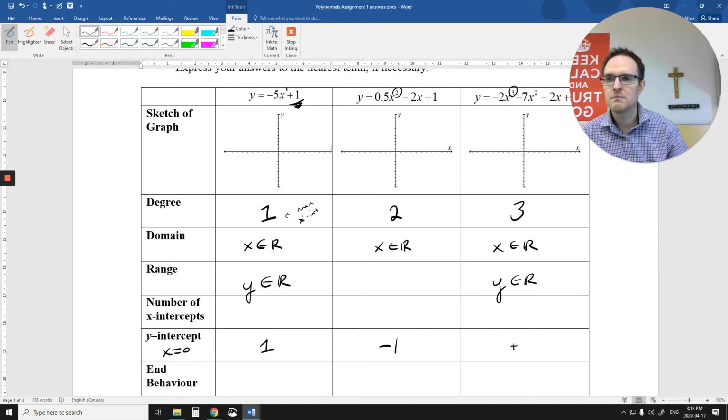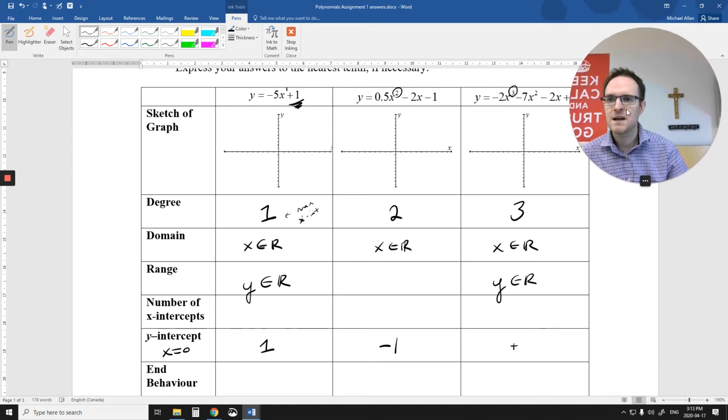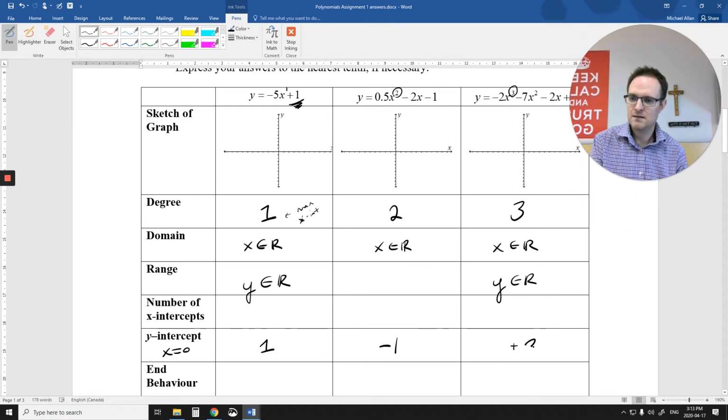I think this is plus 3, right? Yeah, plus 3. So those are your y-intercepts. They're just whatever these constant values are at the back here, including the sign too, so that's important. This one here, you can't see it, but it's a plus 3 there.